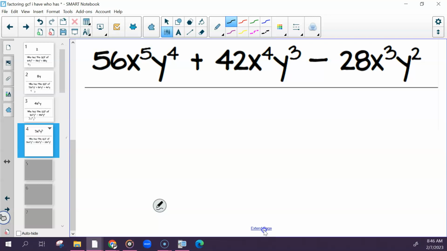Someone find the next GCF. Okay, so 14 is the number. If you have 14, be looking at yours to see if your variables match.